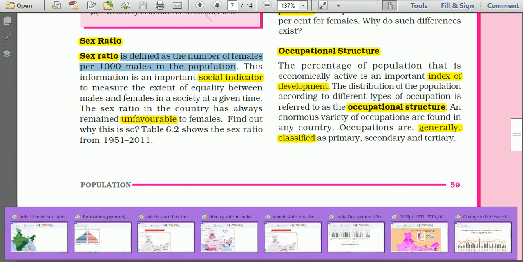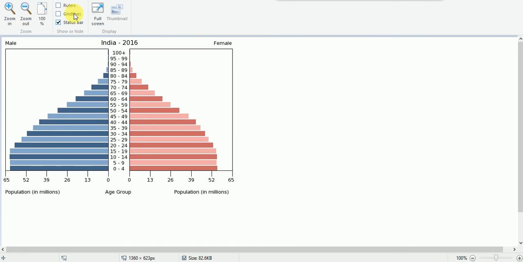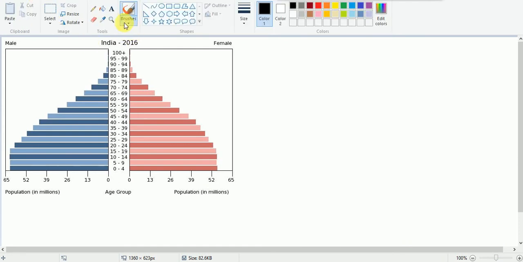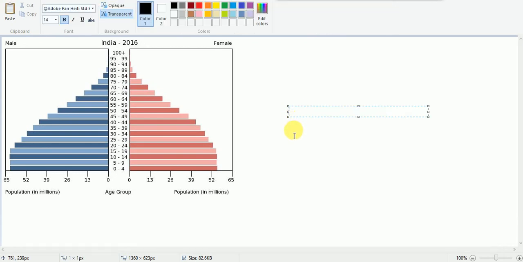So that is known as sex ratio. In the case of India, sex ratio can be calculated in this way.